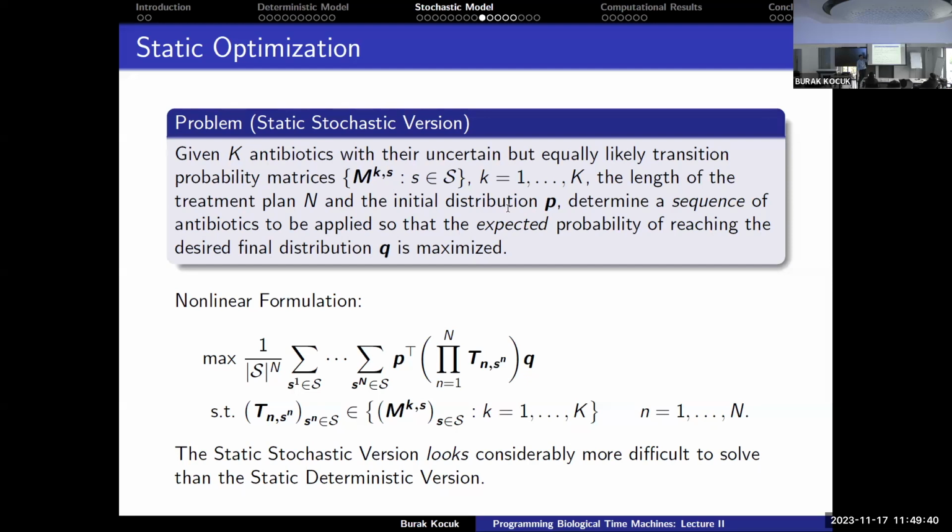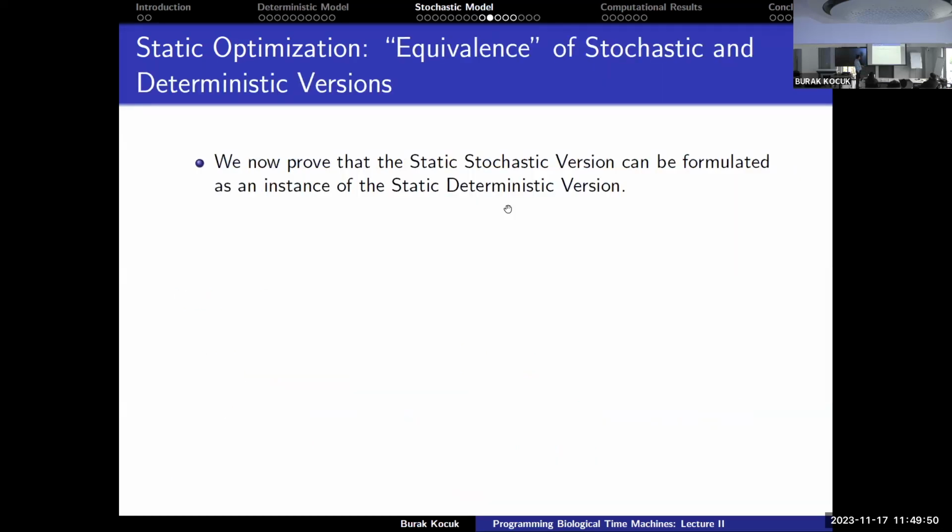You select all its family. So that seems really complicated. But luckily, we were able to prove that there's a way you can solve a stochastic problem with a deterministic one. So that's the nice thing.